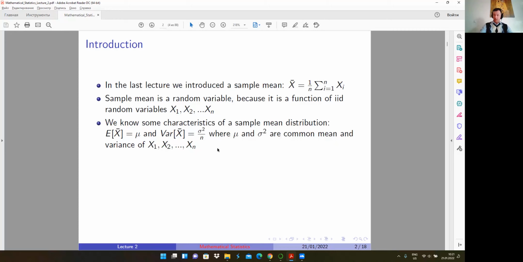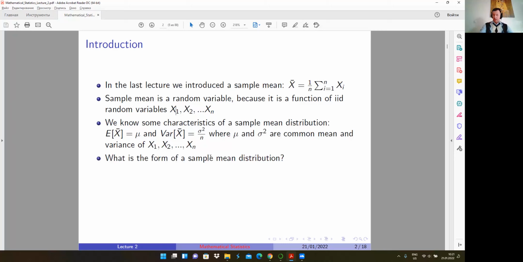But we may come up with different examples of distributions that have the same mean and the same variance, but the shape of the distribution is different. So that's why there is still a question: what is the form of a sample mean distribution?